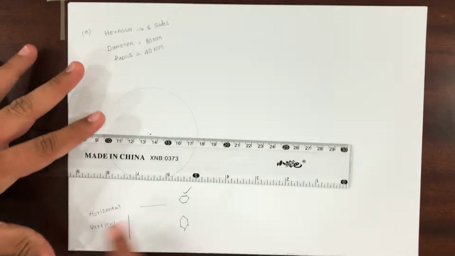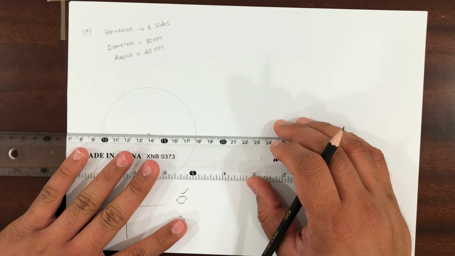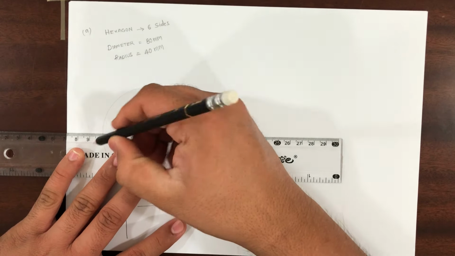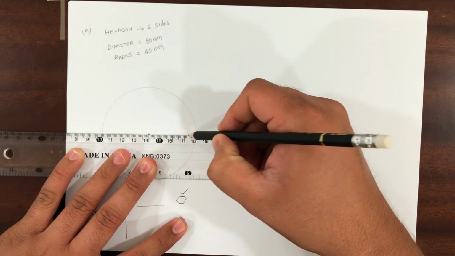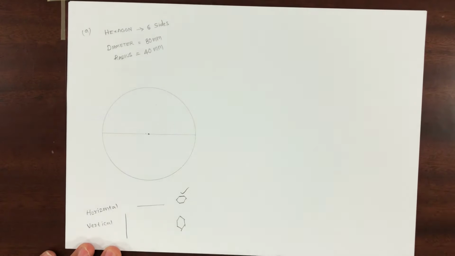So for that, what we will do, we have to make a horizontal line across the circle, within the circle.